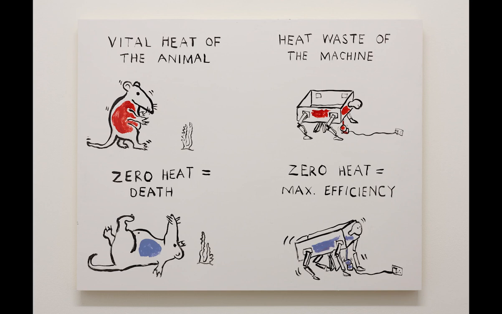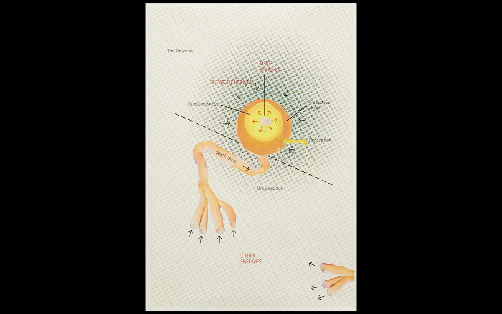When the machine is not working, it's because it's dissipating energy in the form of heat. So heat is a bad thing, whereas in the animal, it's something necessary for life. If there's no heat, then there's death.